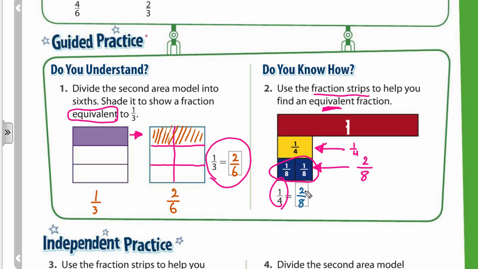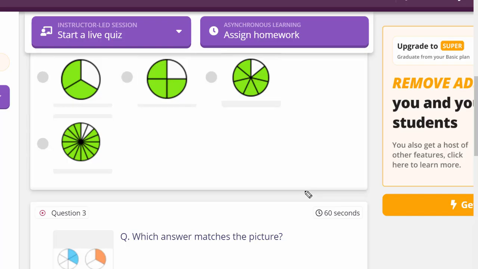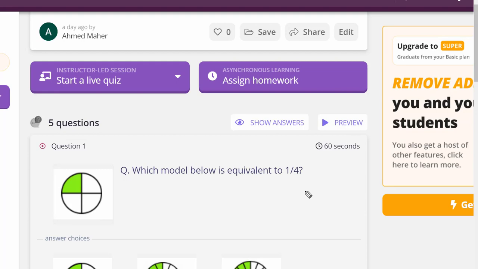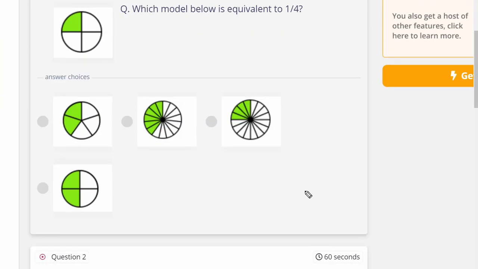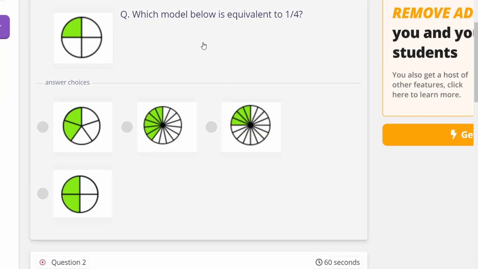Okay, my heroes, now I will send to you the link. Thank you, Yahya. Now let's see the questions. Okay, Hassan, the first one. Which model below is equivalent to 1/4?